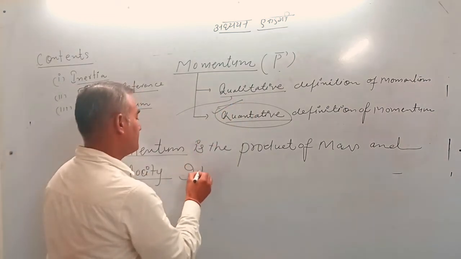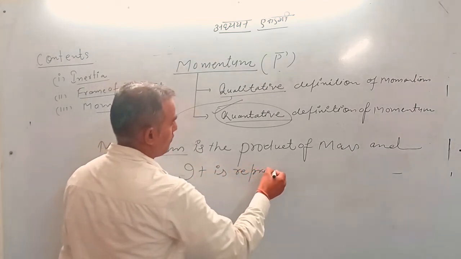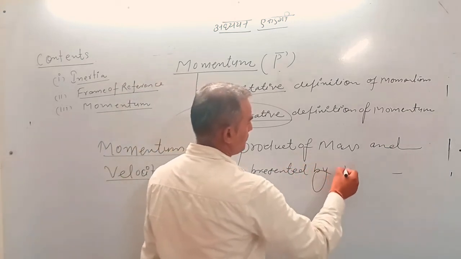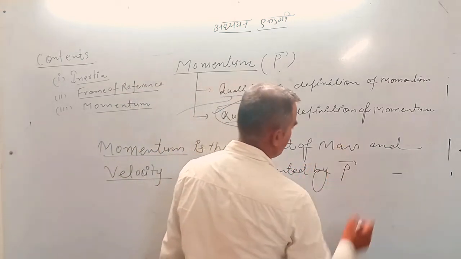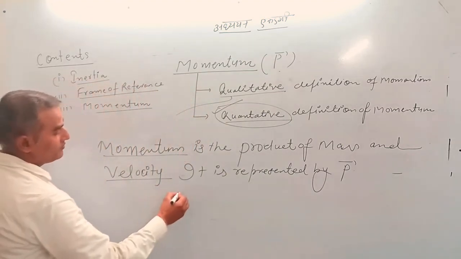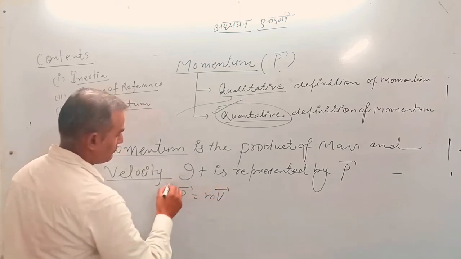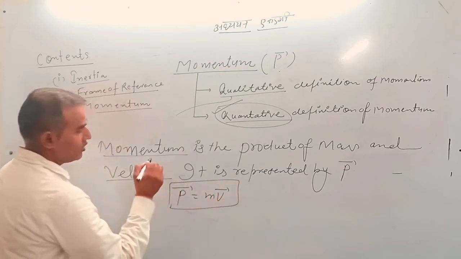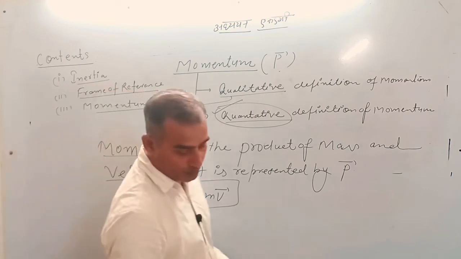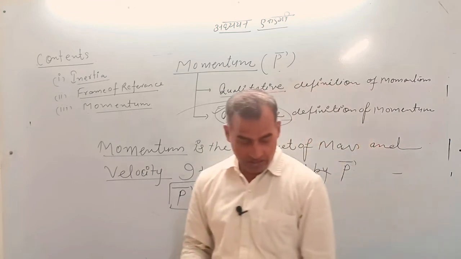It is represented by P, and its value is P equal to mv, where v is the velocity and m is the mass.